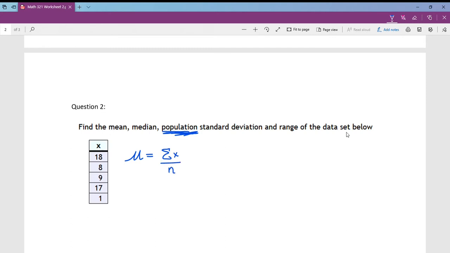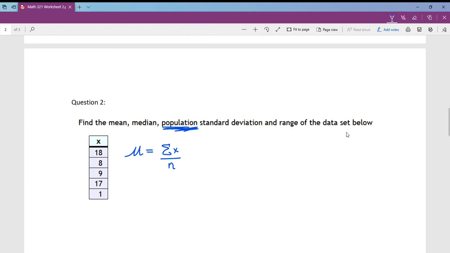The population mean is equal to the summation of all the values divided by the population size. And here, we're not going to use small n, we're going to actually use big N because this refers to the population size. In this case, there are 5 elements in our population. 1, 2, 3, 4, 5.